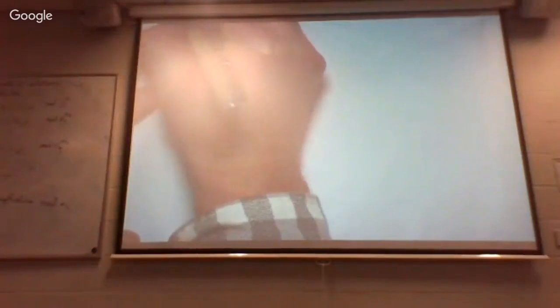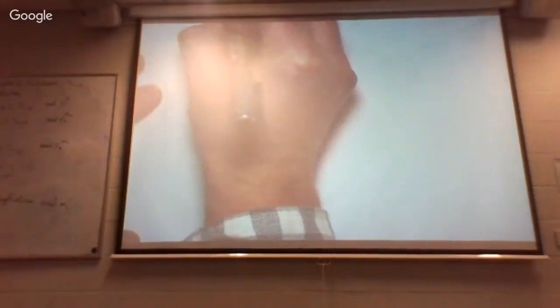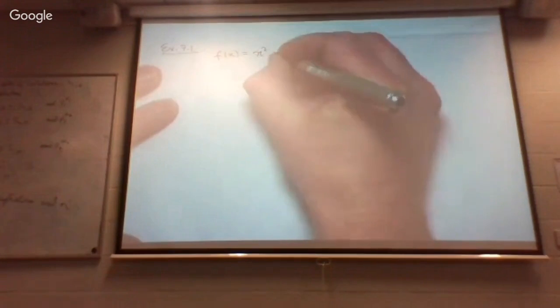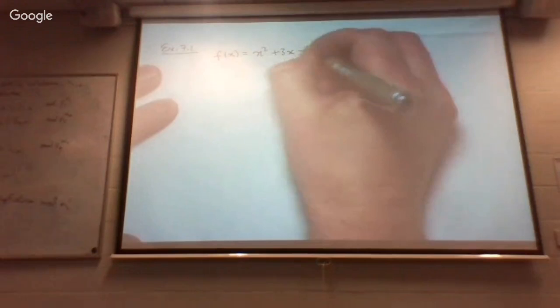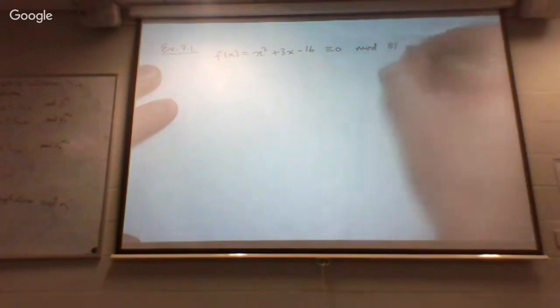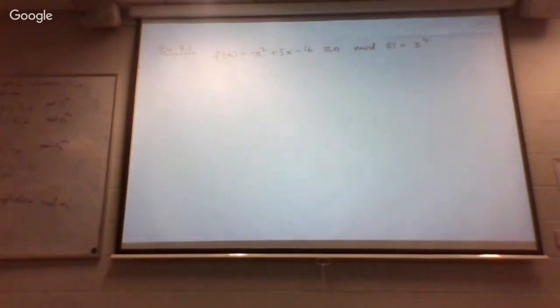Okay. So let's have a look at this example 7.1. We're looking to solve f of x, where f of x is equal to x squared plus 3x minus 16, congruent to 0 modulo 81. And 81 is 9 times 9, or 3 to the power 4.